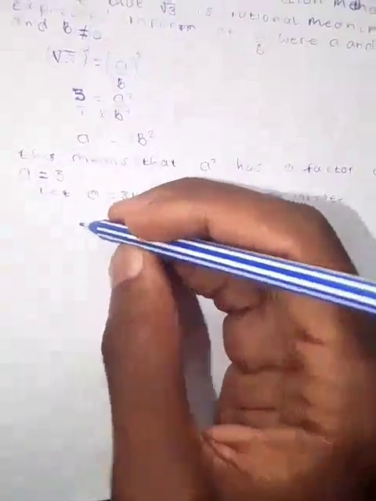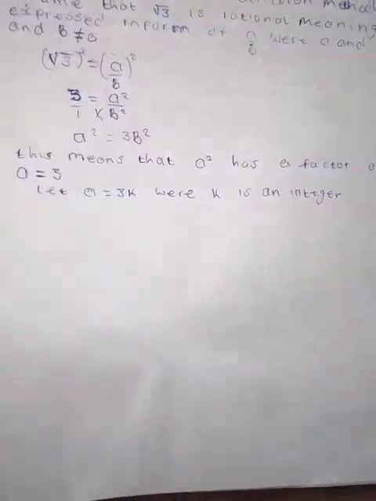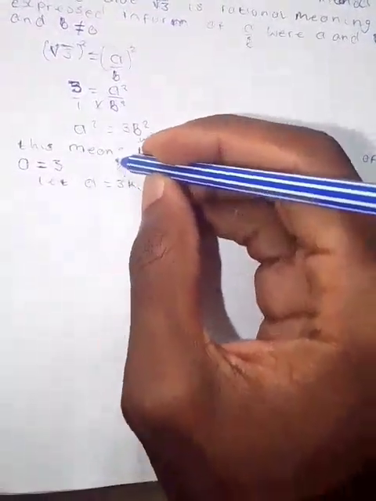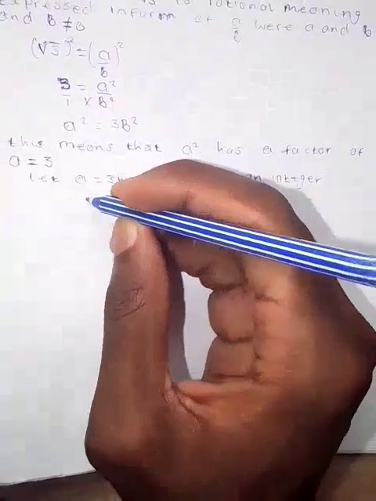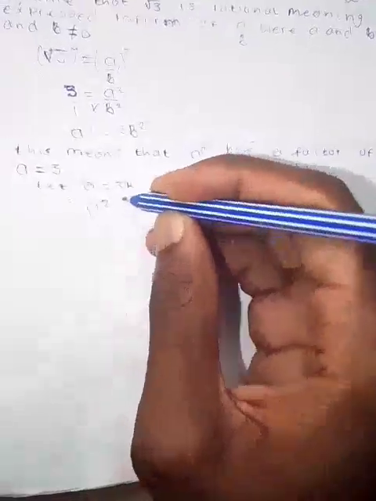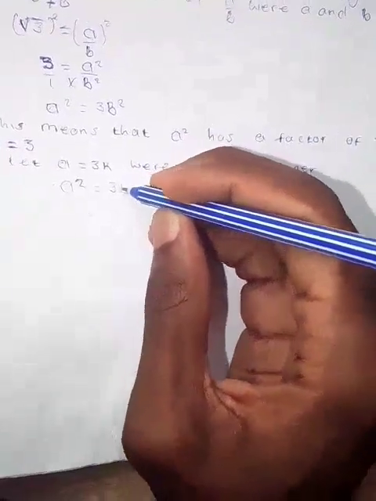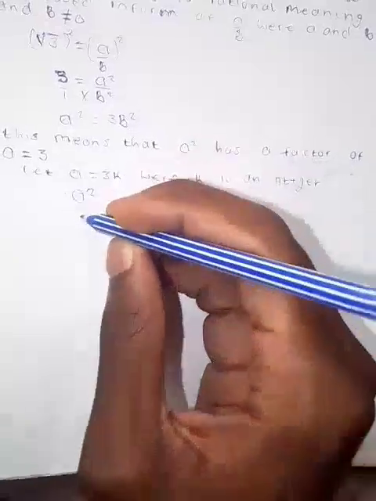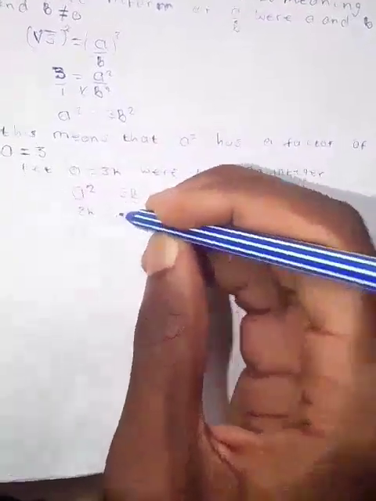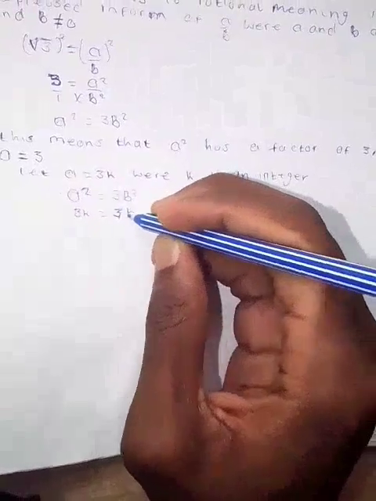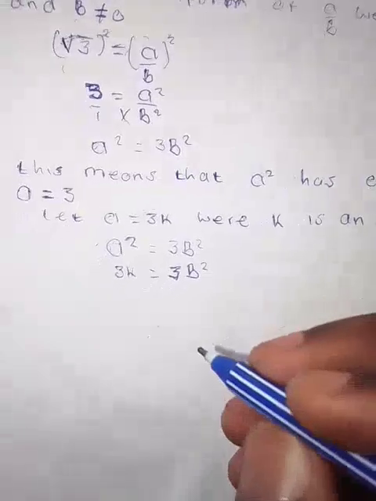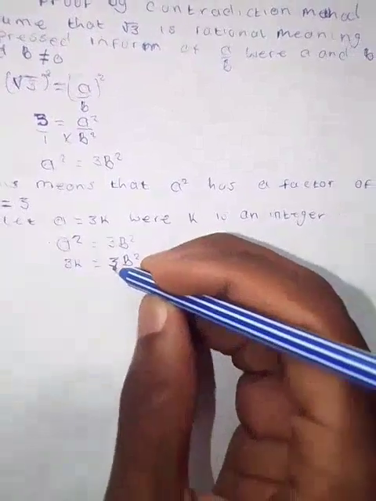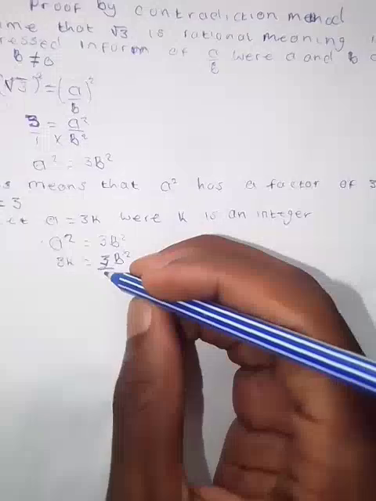Then you plug this in where there is a. You write a squared is equal to 3b squared, and where there is a, you simply plug in 3k. Remember, you're looking for b, so you want b squared as the subject.